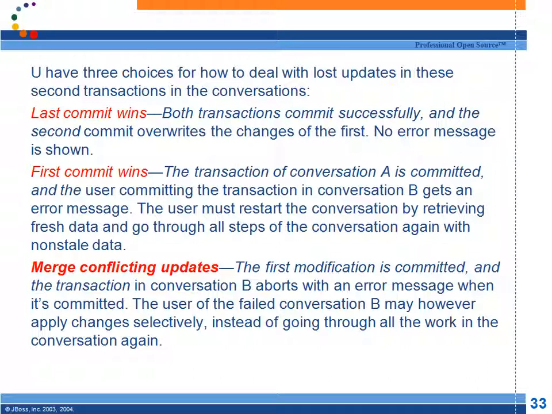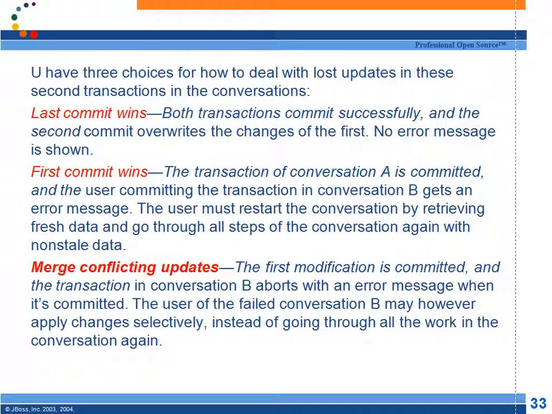This is good. The user must restart the conversation by retrieving the fresh data again. So both of them are trying to book seat number 10. He gets an error message that seat number 10 is already booked. Then he should start again searching what seats are available, and start a fresh conversation.